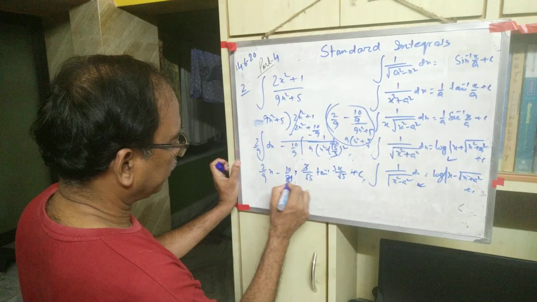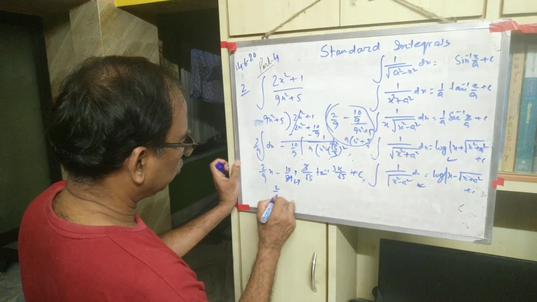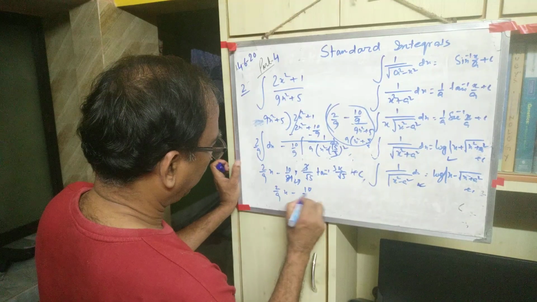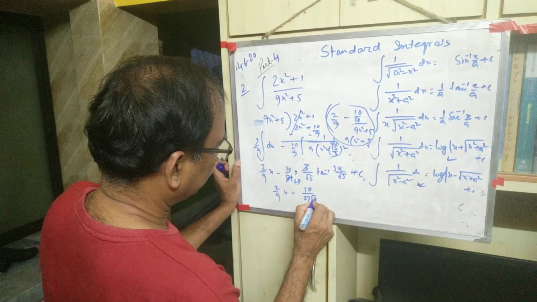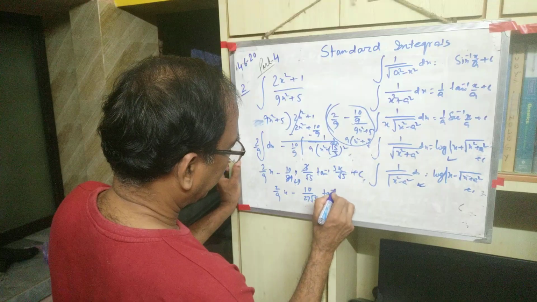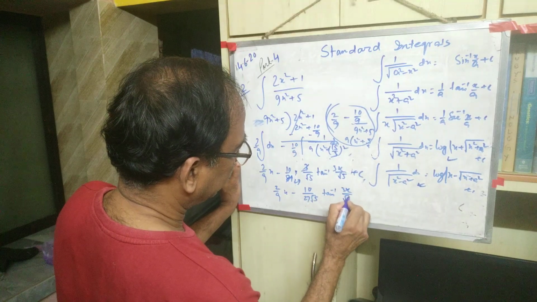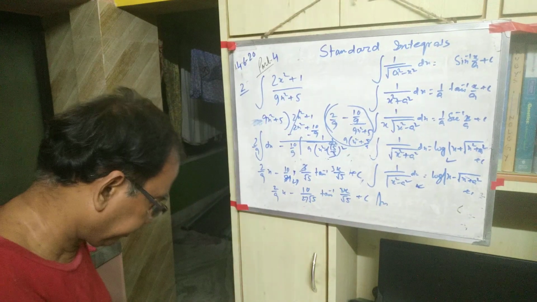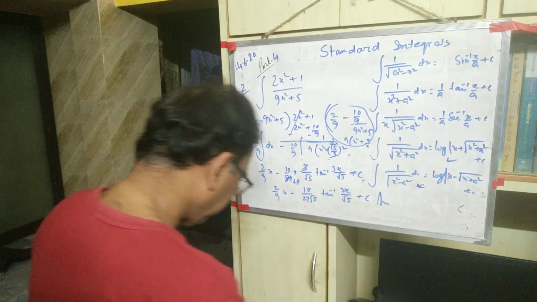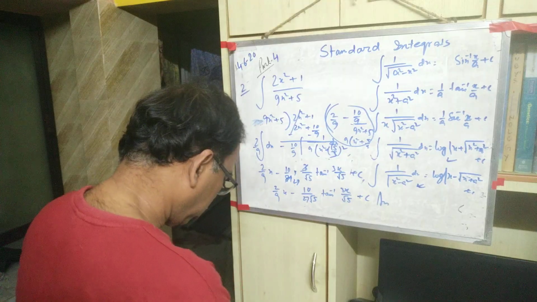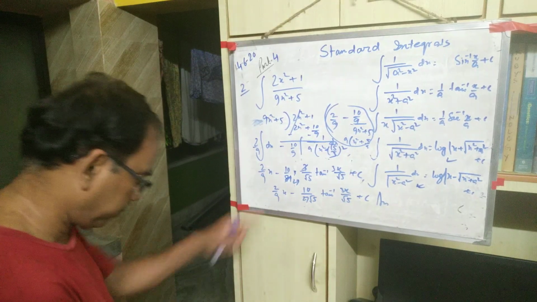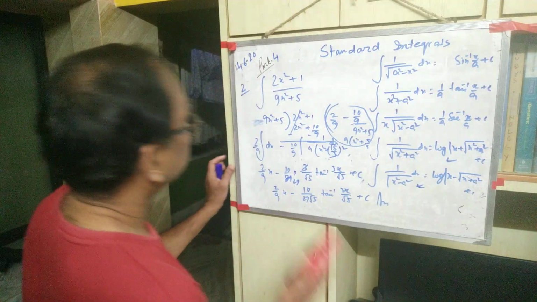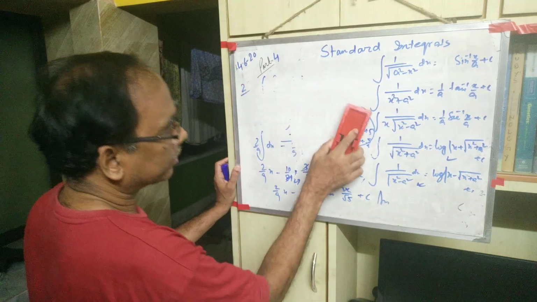That is 2 by 9x minus 10 by 27 root 5 tan inverse 3x by root 5 plus c. That is the answer. Tan inverse 3x by root 5 plus c, 27 root 5. That is 27 root 5. Okay, now next sum.